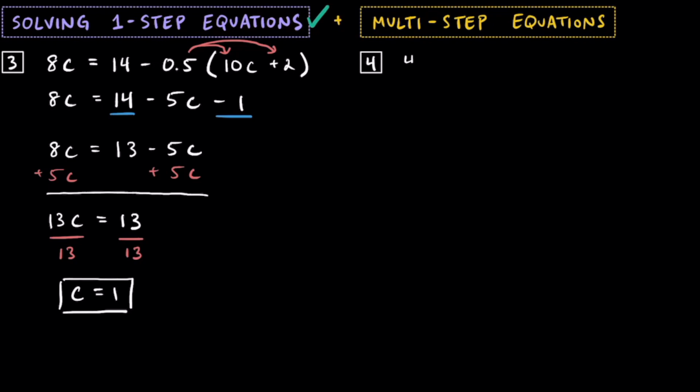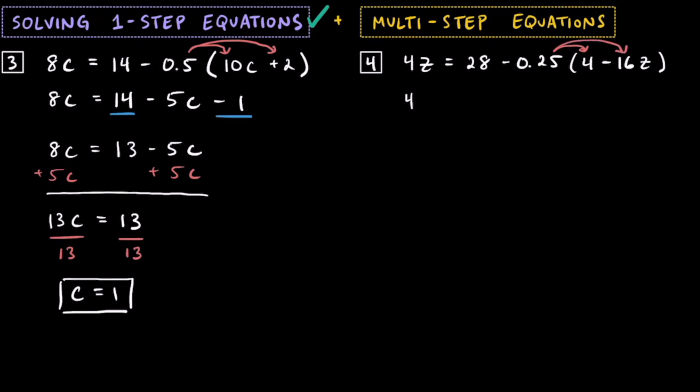For question 4, we have 4z is equal to 28 minus 0.25, and then let's multiply that by 4 minus 16z. Okay, so what we're going to do here is go ahead and distribute this over to here and then distribute this over to here.